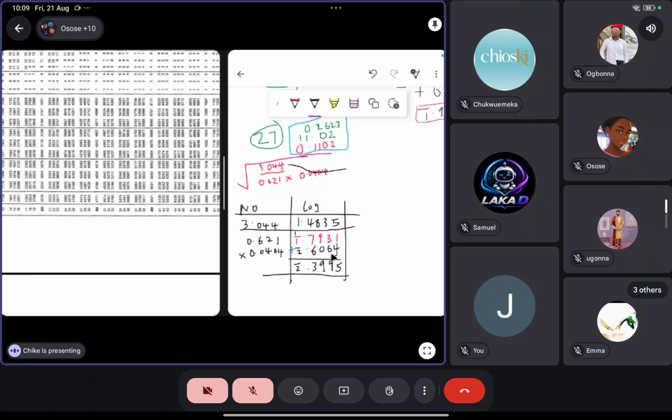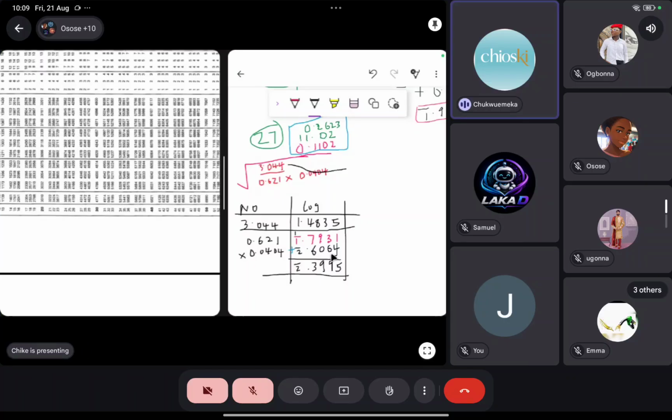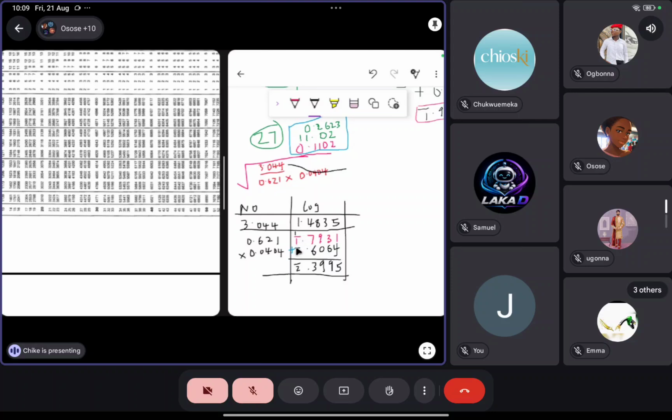Don't forget, when we added 7 plus 6, we had 13, which is 3, carry 1. Now if you have 1 plus minus 1, what would that give you? 0. So that's 0 plus minus 2, which gave us this bar 2 here. Is it clear? Yes, sir.